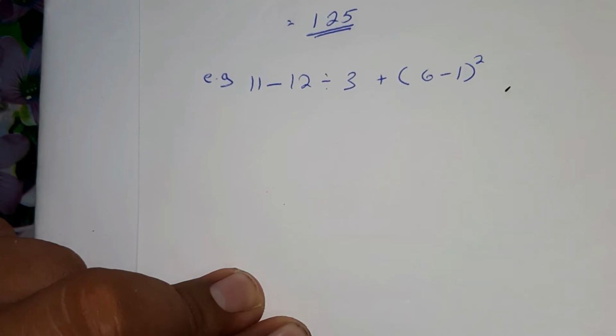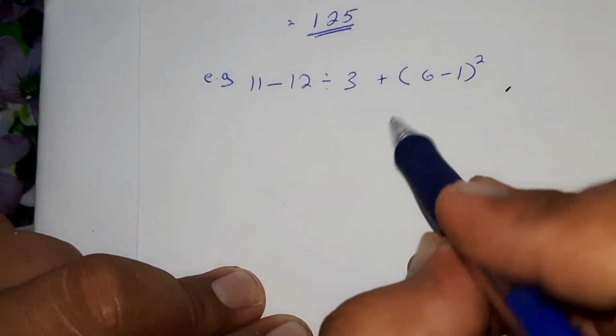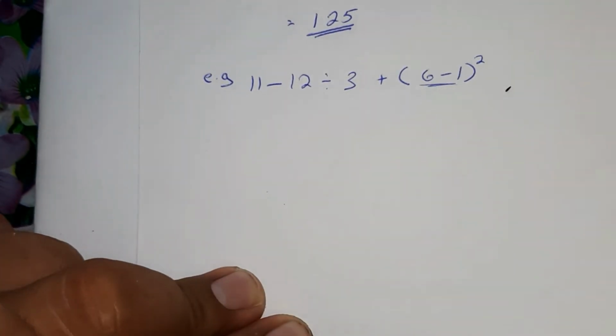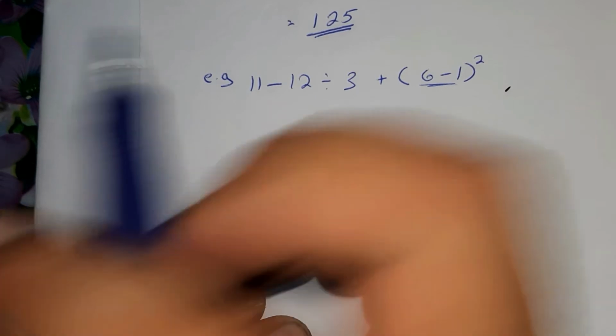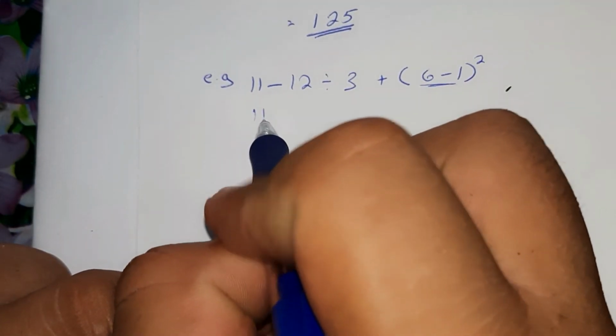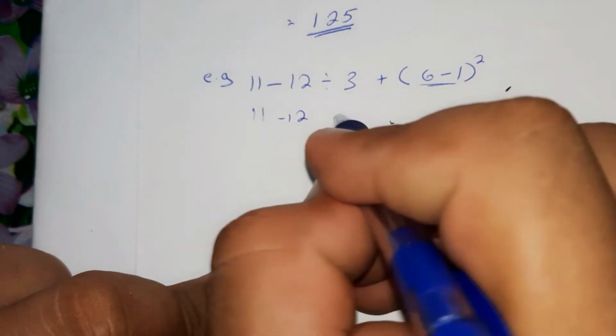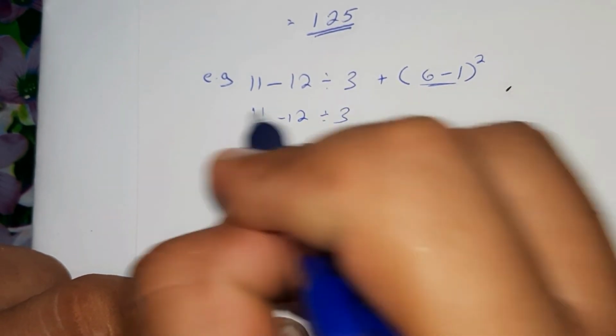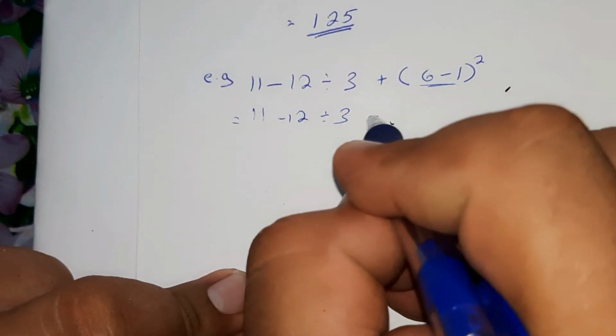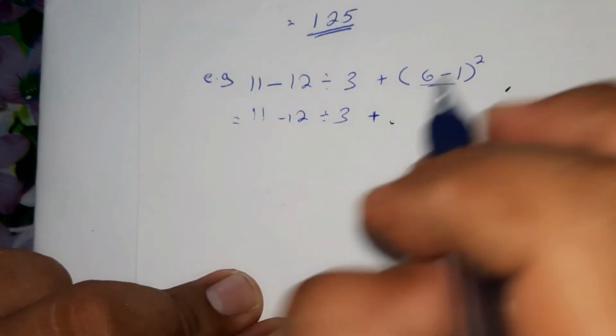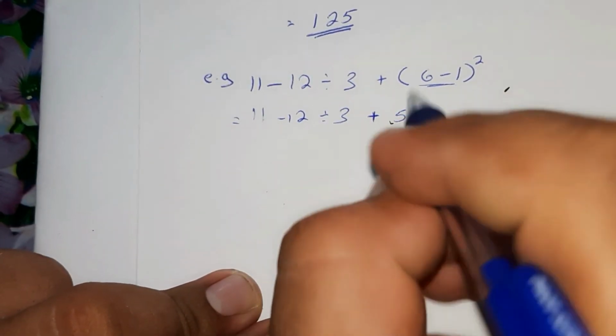According to BEDMAS, we do brackets first. Brackets, we have it here, right? So that's where we have the brackets, so we're going to get rid of that. Bring down the 11 minus 12 divided by 3 plus, and then 6 minus 1 is 5.